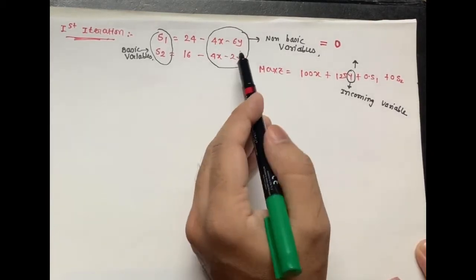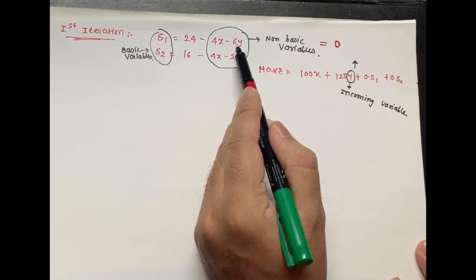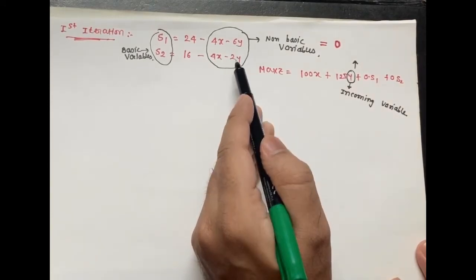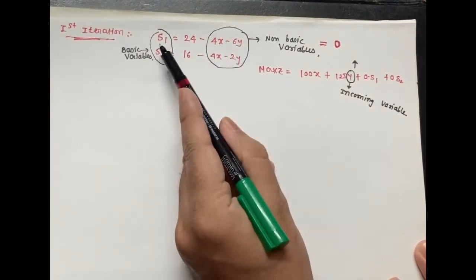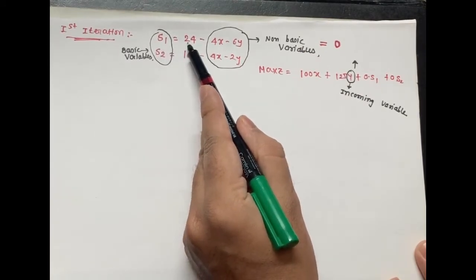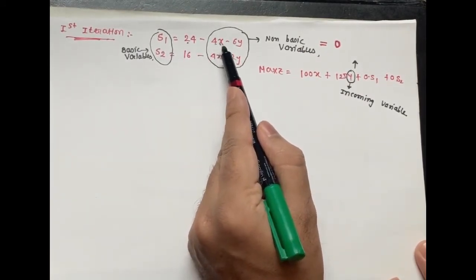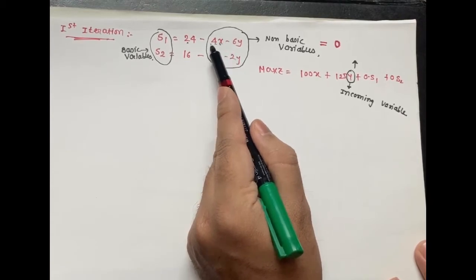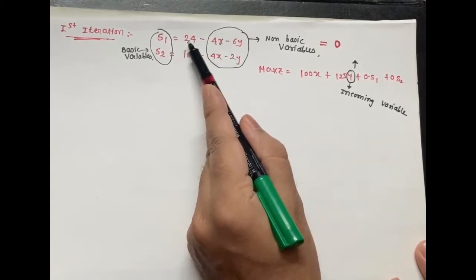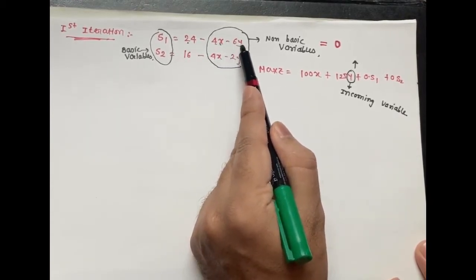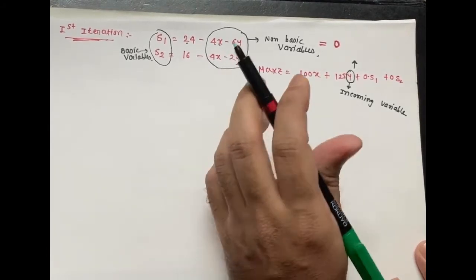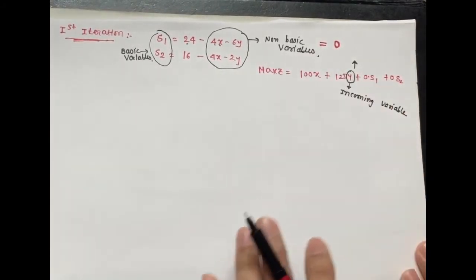If I increase the value of y by 1 unit in this first equation, the value of s1 becomes 24 minus 4 into 0, because I am not increasing the value of x, so this component remains 0. So 24 minus 6 into 1, that is 18.